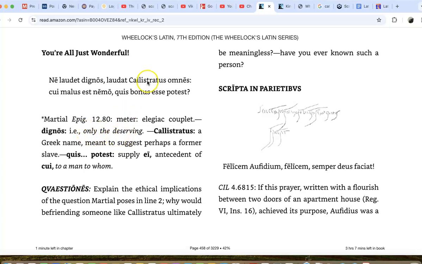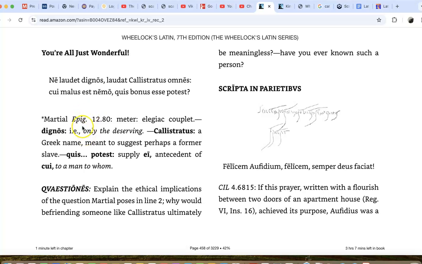So Callistratos praises everyone, lest he praise only the deserving. To whom no one is bad, who is able to be good. So in other words, to whom no one is bad, who is able to be good.